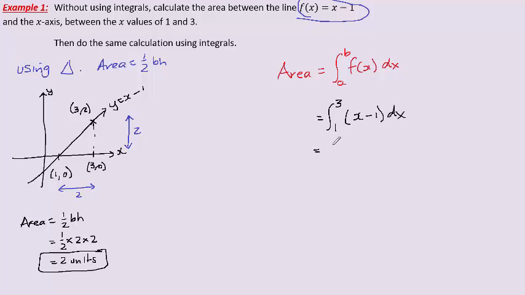Now I have to antidifferentiate. So the antiderivative of x will be x. Now this is to the power of 1, so I have to raise my power. So let's do it in blue because that's our thinking colour.